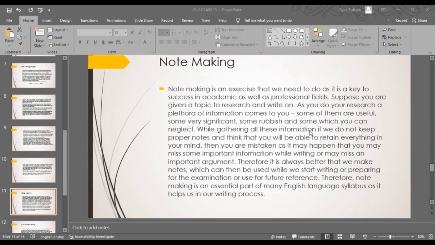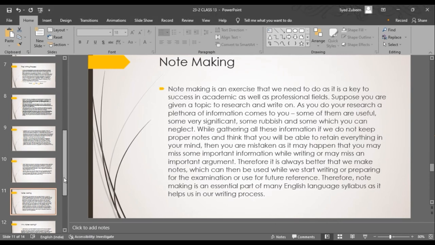While gathering all of this information, if we do not keep proper notes and think that you will be able to retain everything in your mind, then you are mistaken, as it may happen that you may miss some important information while writing or may miss an important argument. Therefore, it's always better that we make notes which can then be used while we start writing or preparing for the examination or use for future reference.